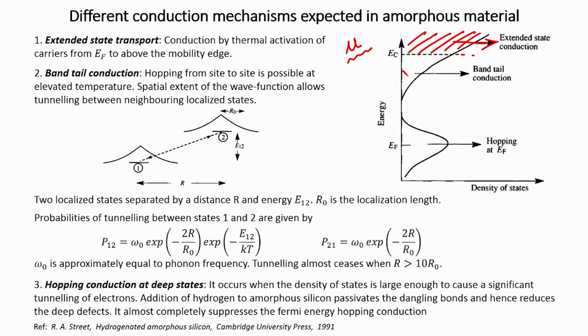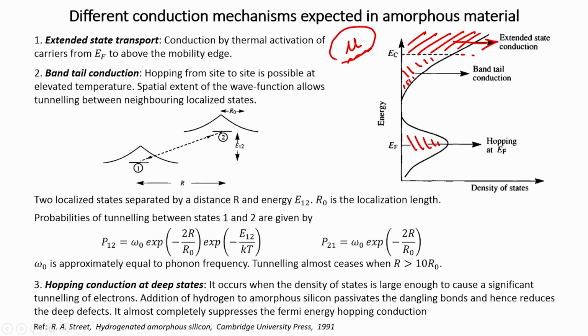But all the electrons sitting in the trap states, which are the band tail states or the deep defect states, are more or less trapped, and they are not available for conduction in the manner seen for electrons in extended states.